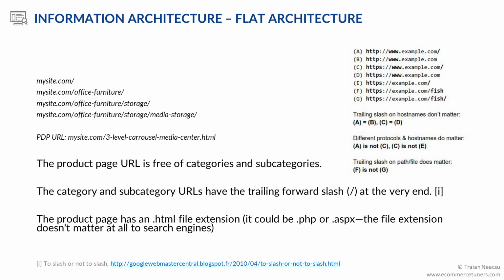The product page has a .html file extension, which hints to search engines that this is an item page and not a directory. The file extension can be anything, for example .php or .aspx, because the file extension doesn't matter at all to search engines. In this image, you can see how Google treats trailing slashes on different protocols and host names.